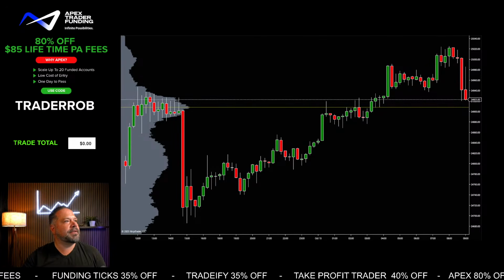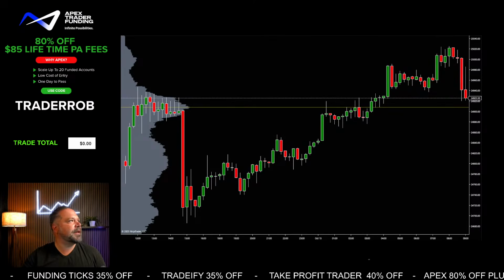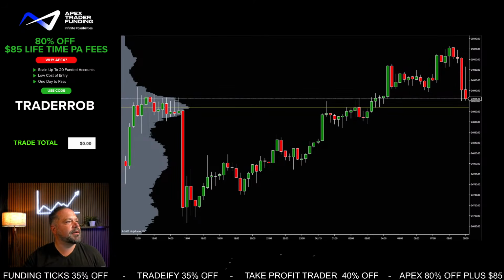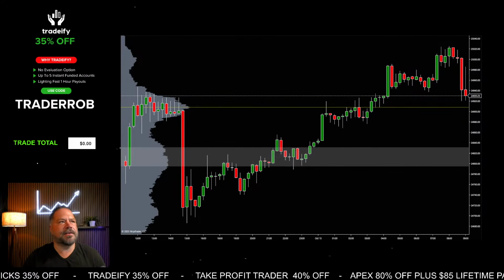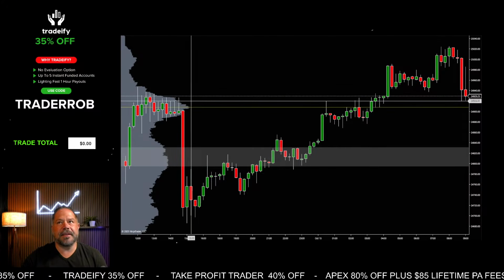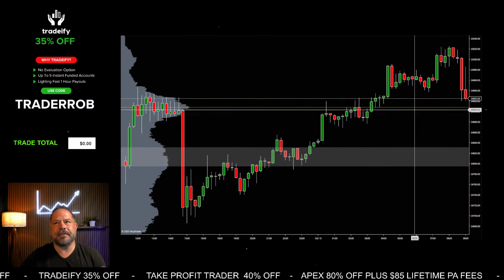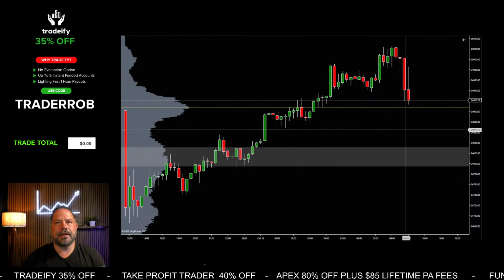Well, we had an area already that just tapped into. Okay, I see a great one right here. So that's an area that I would be very interested in. This would have been an area that I would have been very interested in, but it just tapped into it already this morning.